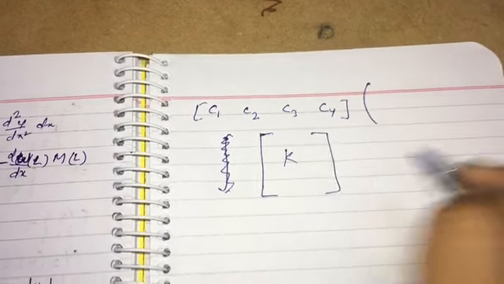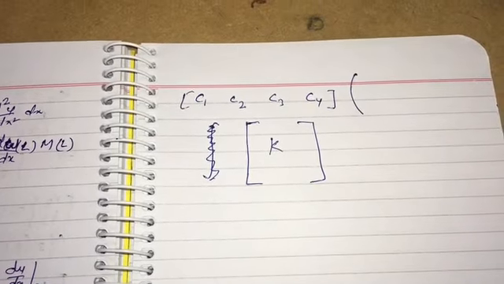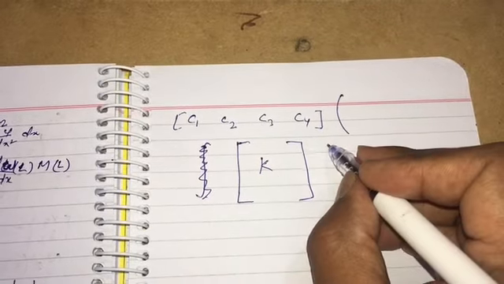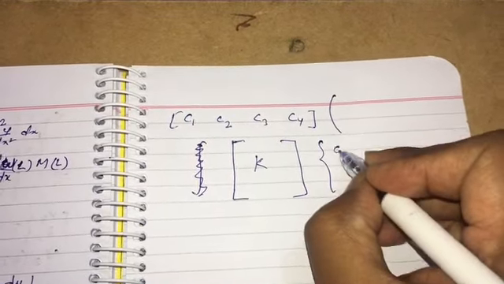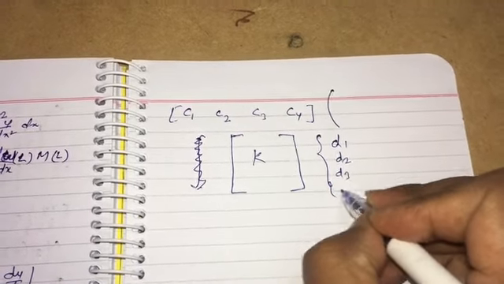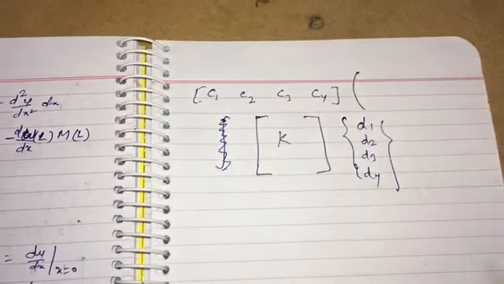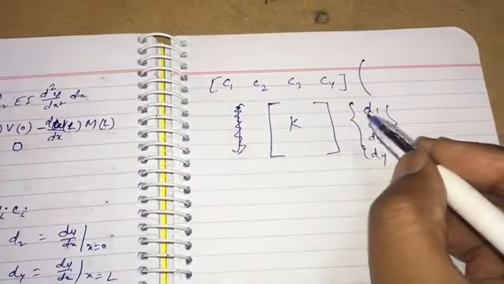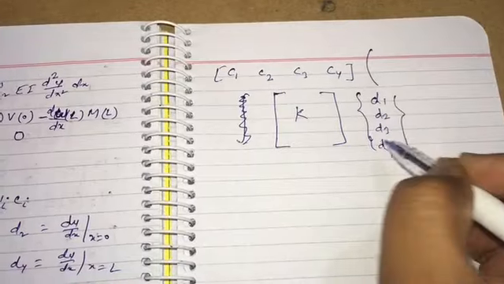And then there will be D1, D2, D3, D4. So this will have both C terms and D terms.